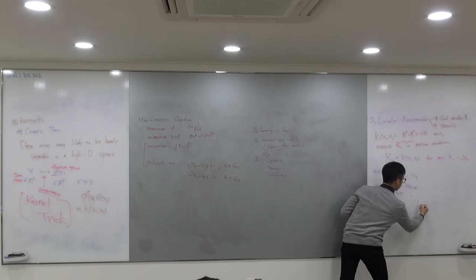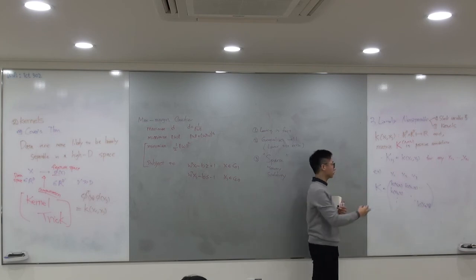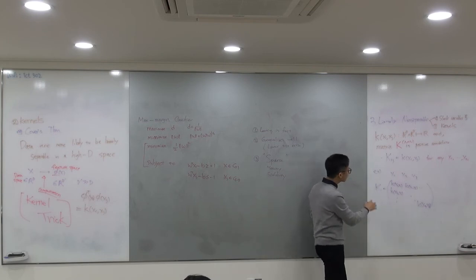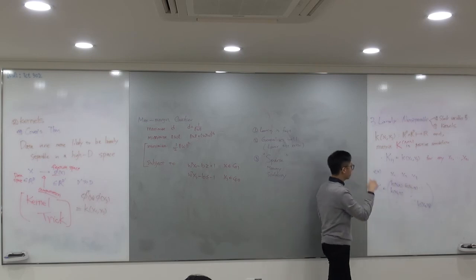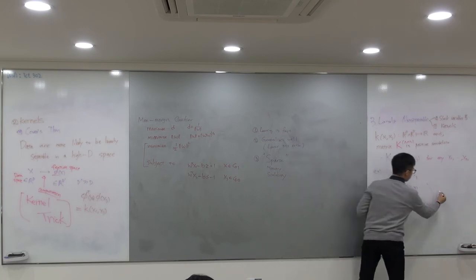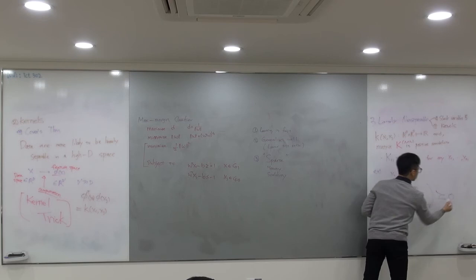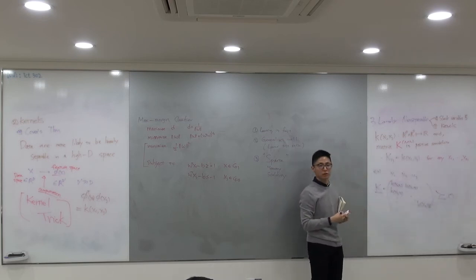So here, k(x3, x3). This kind of matrix, we can build this kernel matrix from any kernel and any given data. And if that kernel is a valid kernel, a real kernel, then this matrix should be positive semi-definite. This is the criteria or definition for kernel function.